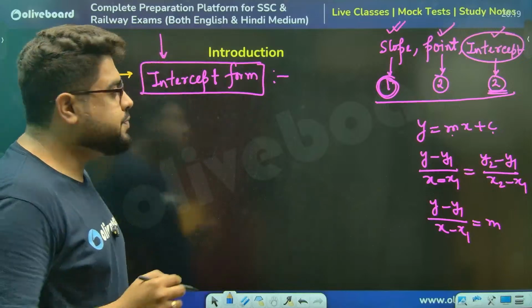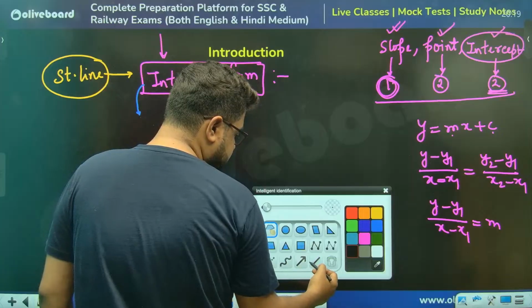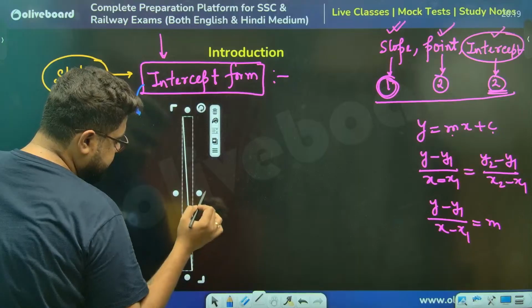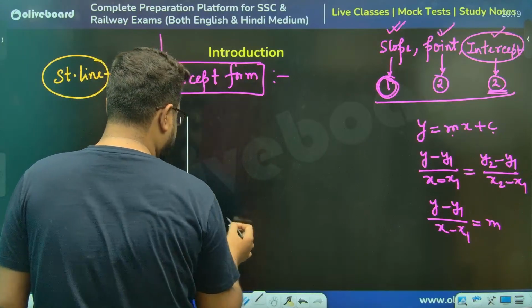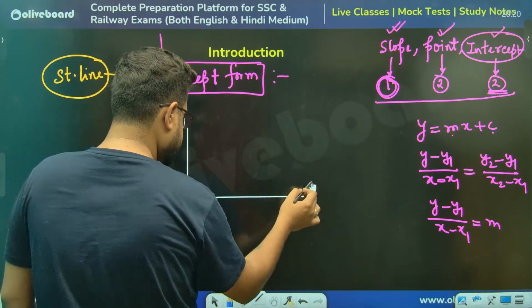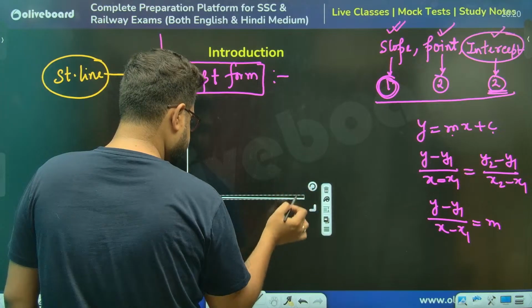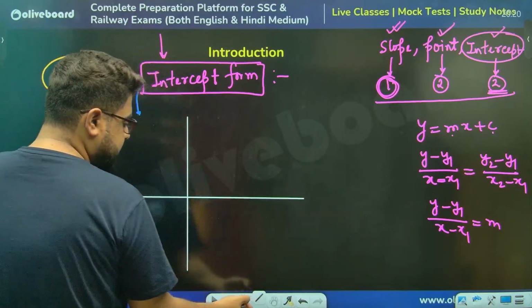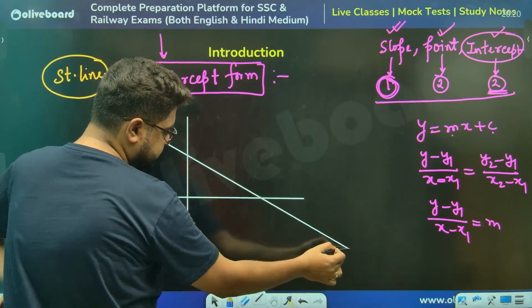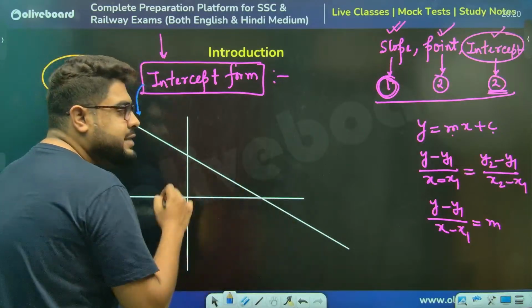Now, let's see how intercept form works. Look, if this is your x-axis and y-axis, and there is a line like this, then what is x-intercept?